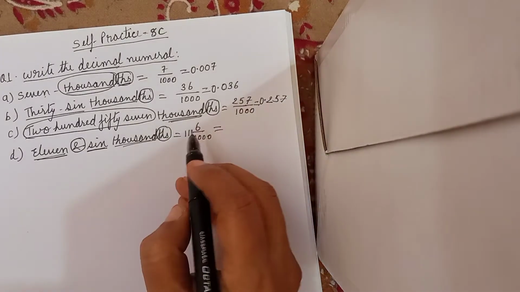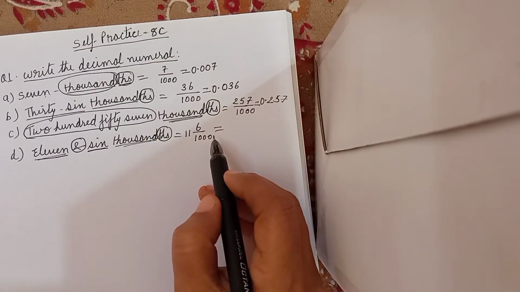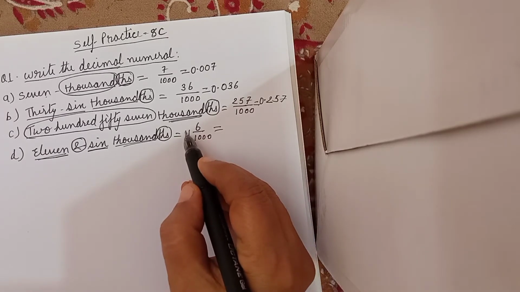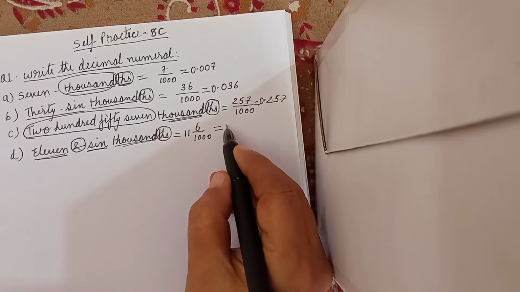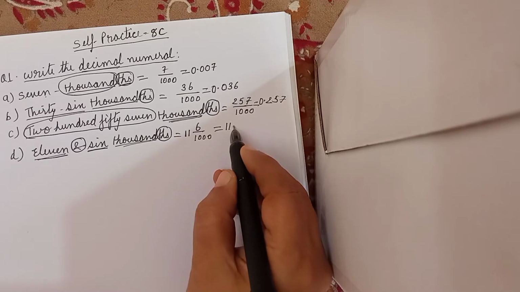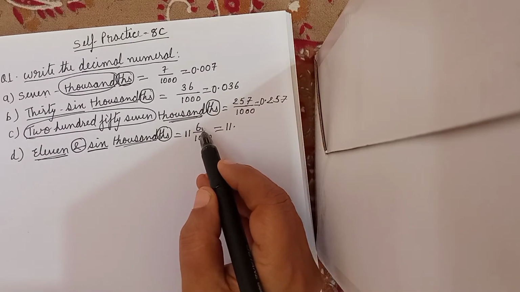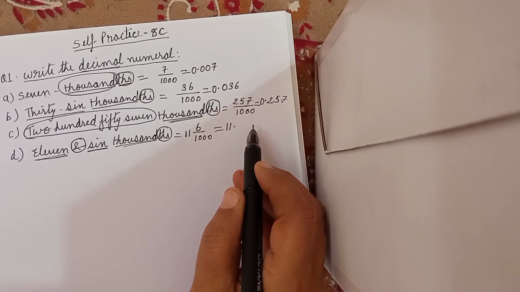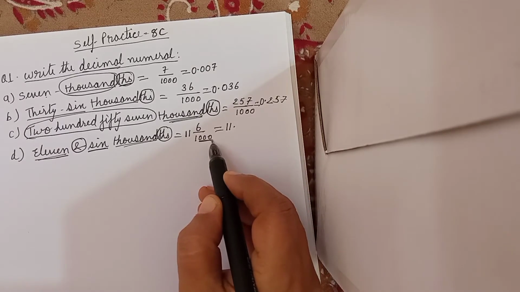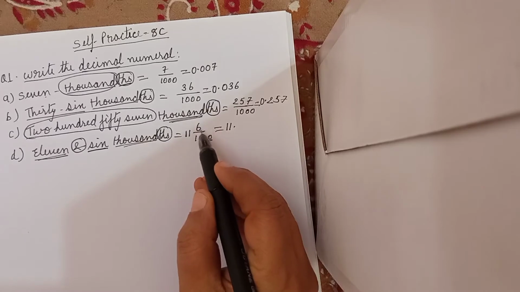This is a fraction form. We have to convert the fraction form into decimal. See here 11 is a whole number, so 11 will be written before the point. 6 is a numerator, so it will be written after the point, but in the denominator there are 3 zeros, so we have to make 6 into 3 digits.